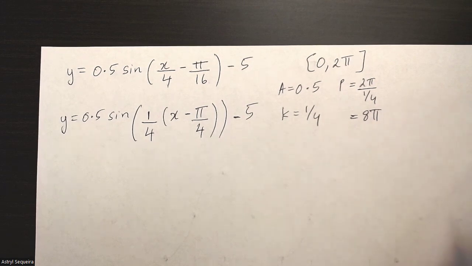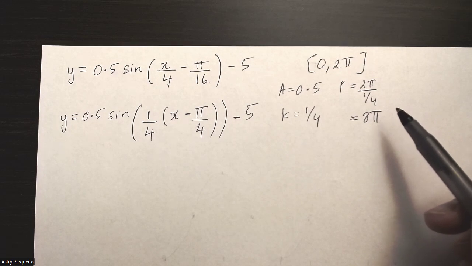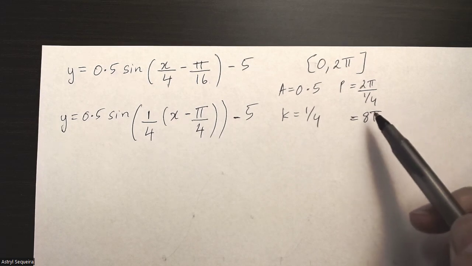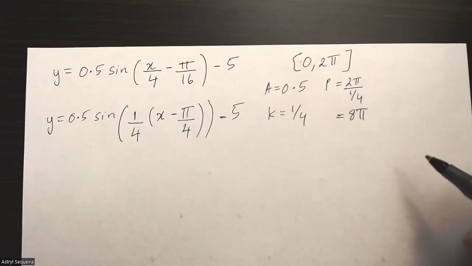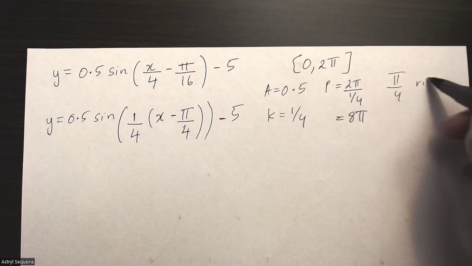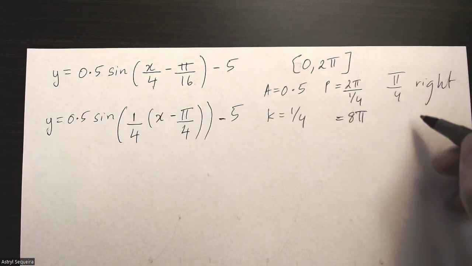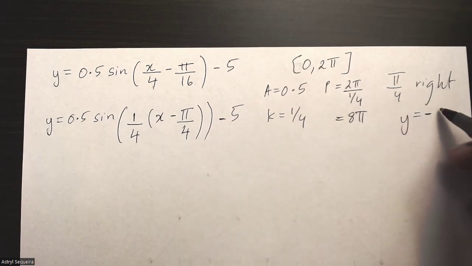So I'm only going to fit a quarter of a wave in this entire function, because 8 pi is 4 times 0 and 2 pi. My phase shift is pi over 4 to the right, and my equation of axis is y equals negative 5.